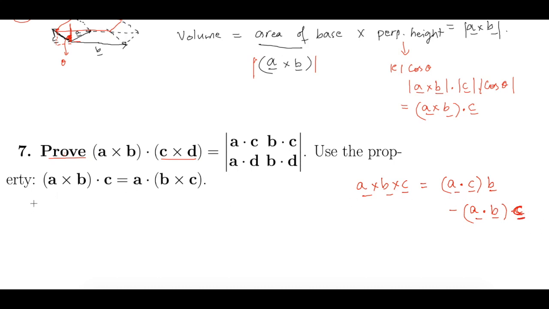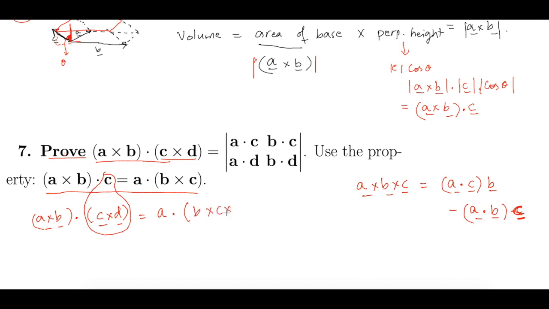So now let's start. What we want to do is we have A cross B dot C cross D. A cross B is right here, but C is replaced by C cross D. So this becomes A dot B cross C cross D. Now use this property.